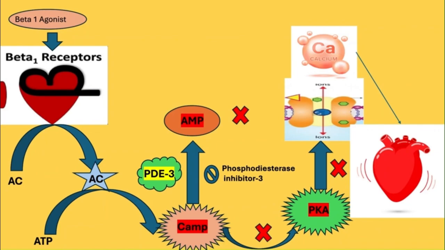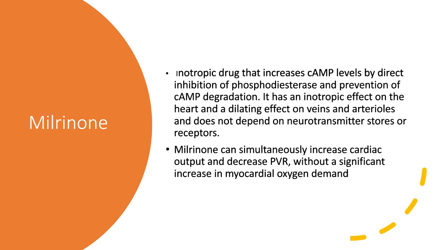This will cause the presence of cyclic AMP for a longer duration, the production of PKA, and the opening of calcium channels. That's why Milrinone is considered a drug that increases the contractility of the heart. So, as we saw, Milrinone is a phosphodiesterase inhibitor with inotropic activity.